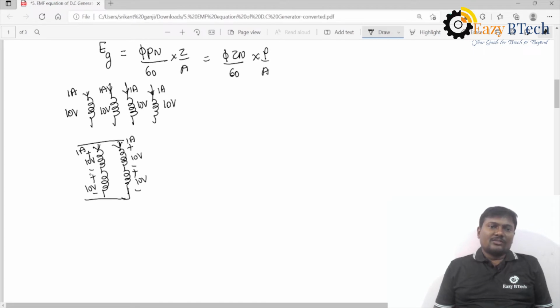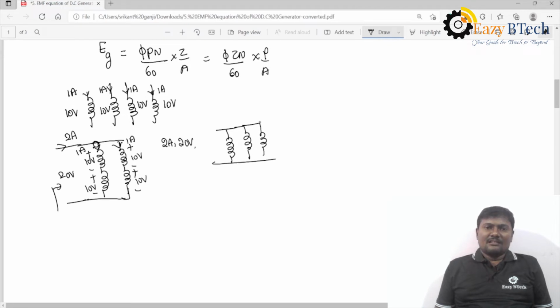The current flowing through this one is 1 ampere, and through this one is also 1 ampere. If you apply KCL at this node, the total current is 2 amperes. The total voltage is 10 plus 10, which is 20 volts. Suppose all the coils are connected in parallel, what will happen? Each coil carries a current of 1 ampere.